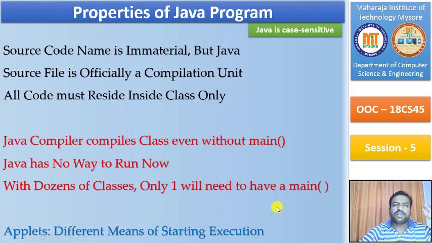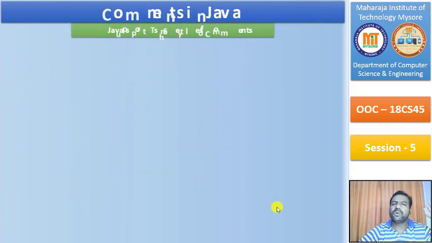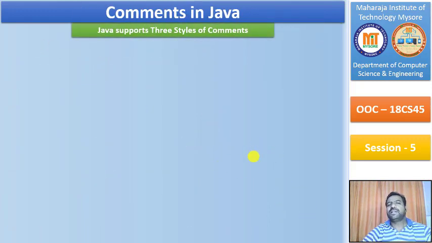Now, as you know, we can give comments in any programming language. Even in Java you can use comments to document the code, so I'm not going to talk much about what comments are. But I can say that Java supports three styles of comments.